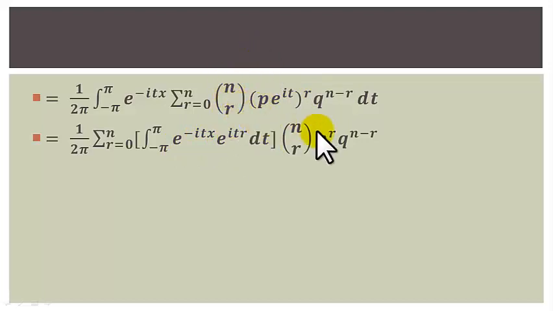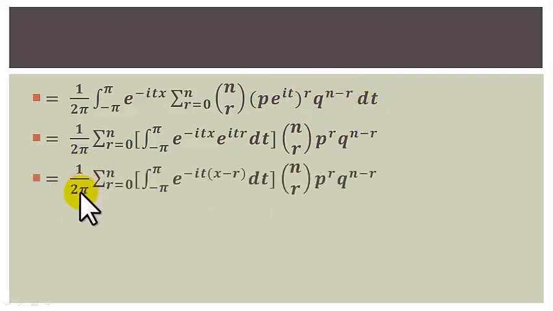Then n combination r, p to power r, this p to power r is brought here, then times q to power n minus r. So this will then give us 1 over 2 pi, summation r from 0 to n, of the integral from minus pi to pi, exponent, combining the powers here, exponent minus it into x minus r dt, times n combination r p to power r q to power n minus r.